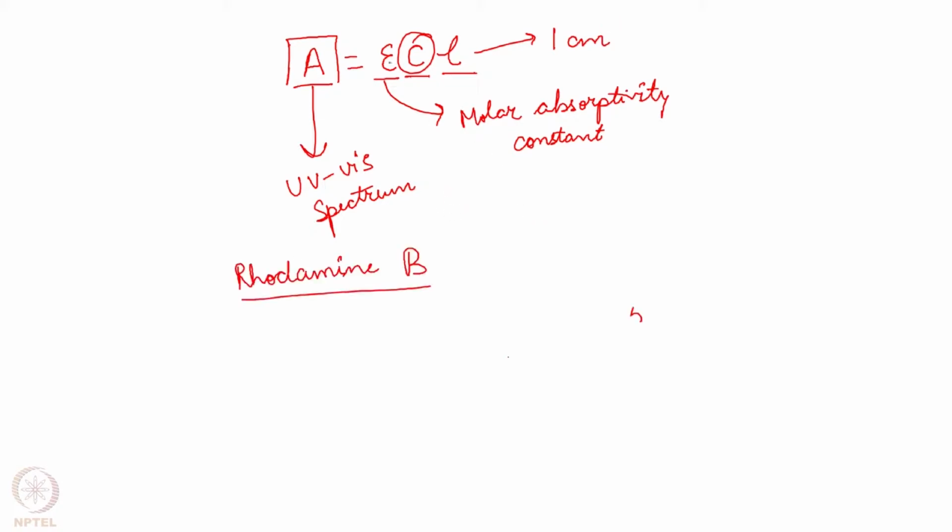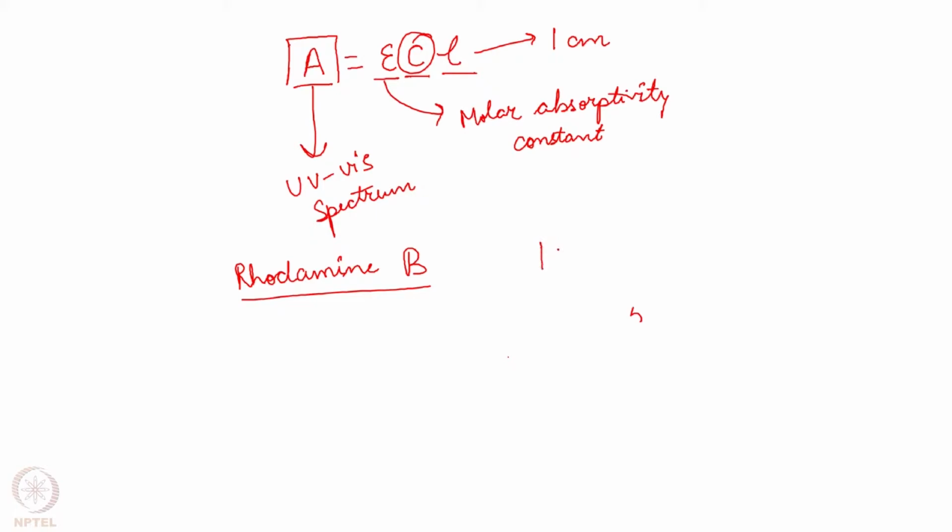If we know the value of epsilon for our sample, which is rhodamine B here, we can easily calculate the concentration of the solution if we measure the UV vis spectrum and know the value of absorbance.